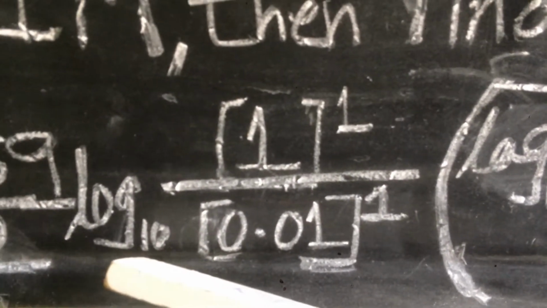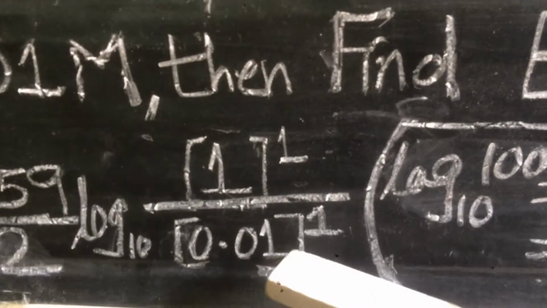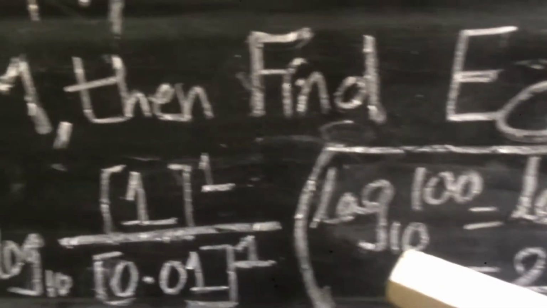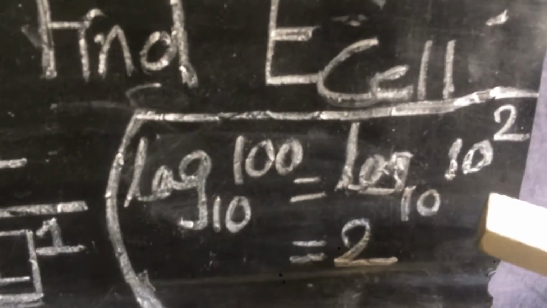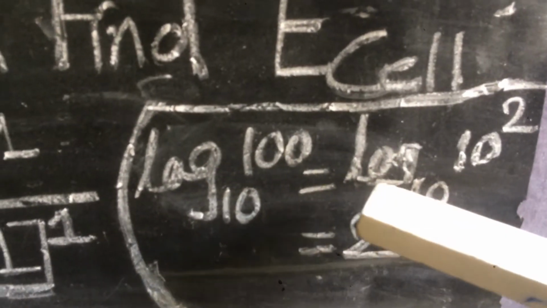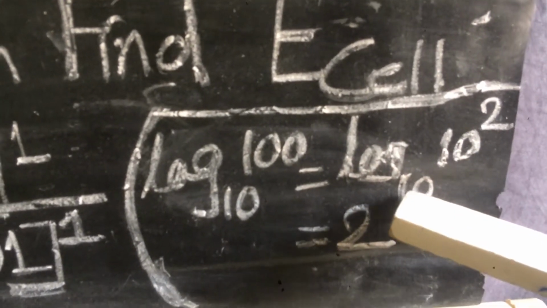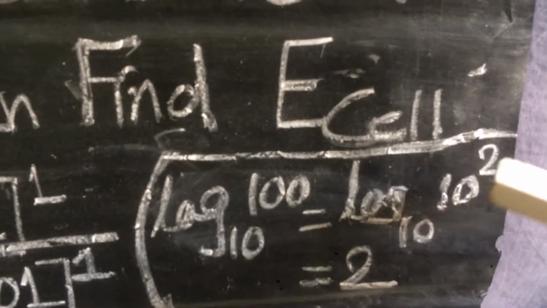How are we going to get the value of the log? So 1 by 0.01 means it will be log 100 to the base 10. Now log 100 means 10 square. And you know as per the log formula, log of 10 to the base 10 is equal to 1, and so it will be 2.